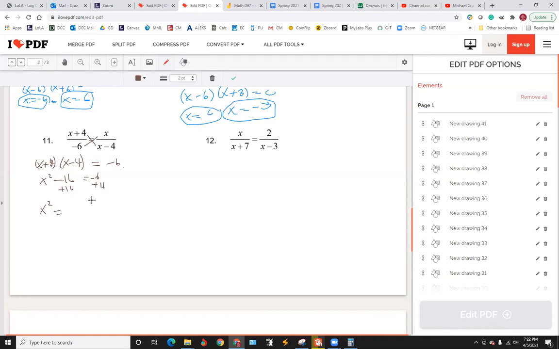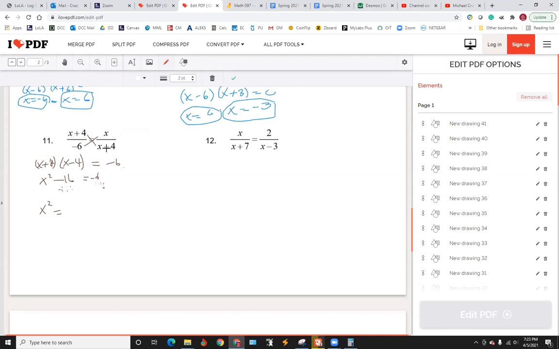Oops. Hold on a second. I should have went ahead and something doesn't seem right. Let's see, it's x plus 4 times x minus 4, which should be, that's a 4.